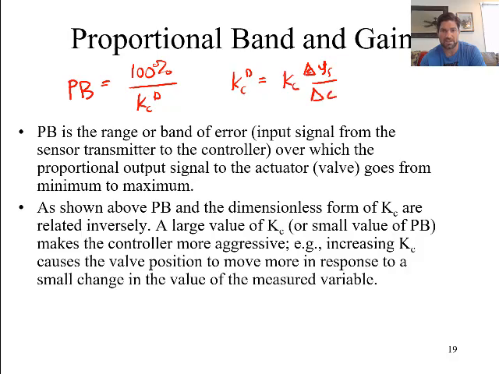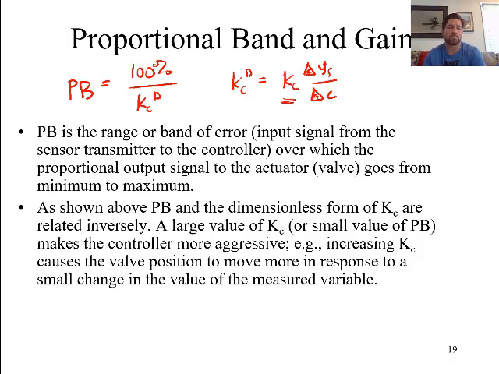I'm going to shade in these deltas, because delta ys means the range of ys, so this could be the span of the sensor, the range. And delta c is essentially the controller output range. Basically, we can take whatever value of Kc and come up with a dimensionless value by multiplying it by the ratio of the ranges of the input and the output.